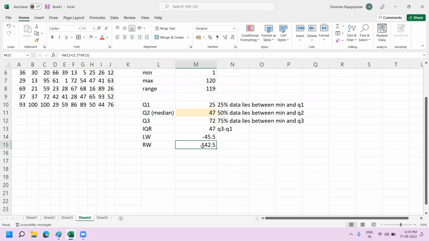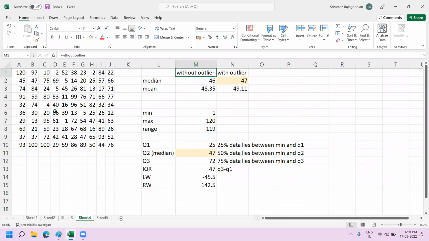So the right whisker at 142.5 means the maximum value of the data set which is not an outlier. Anything up to 142 is considered a normal value, and beyond 142 it is an outlier. So here there is no outlier in this data, but if I have a value of 160 or 200, it will be calculated as an outlier.